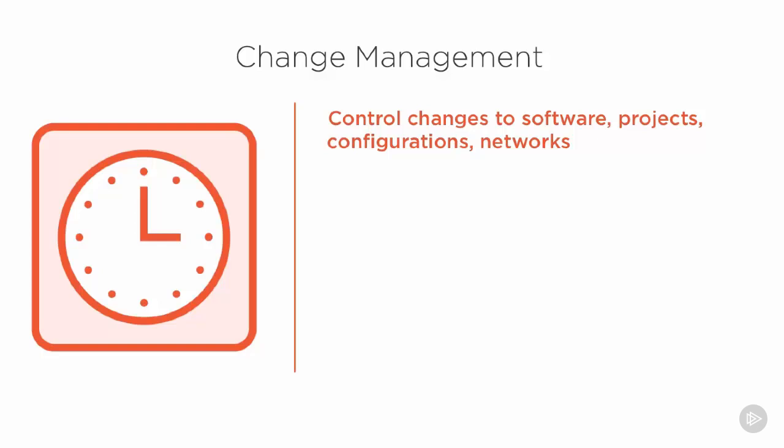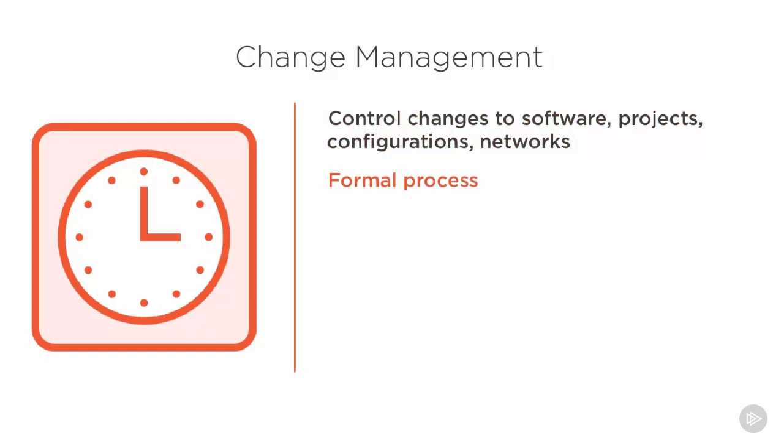We're going to have changes to the requirements, maybe changes to the functionality, changes to security that may be brought in by changes in the business, changes in priorities, changes in compliance and regulation. The point of change management is not to avoid change, but to manage change, to control the changes that are being made to our networks, software, projects, and of course, our device configurations.